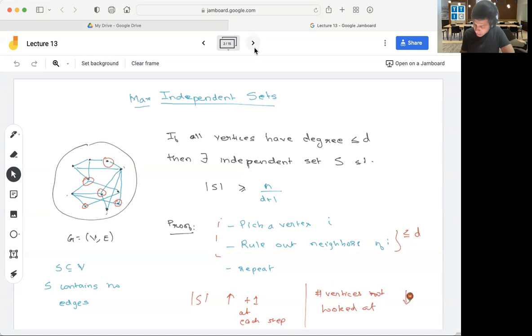And this goes down by at most D plus one at any step. I look at the vertex that I do pick to include in set S, and I look at all its neighbors, which I rule out as possibilities. So for every at most D plus one that I rule out, I get to include it at least once. So I will include at least n over D plus one vertices. Is that okay?